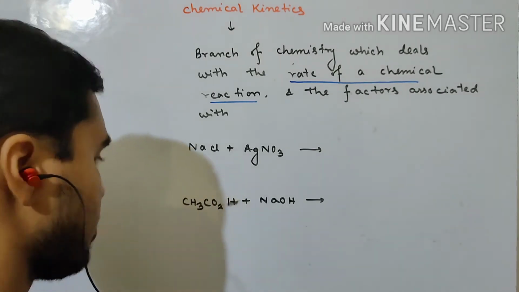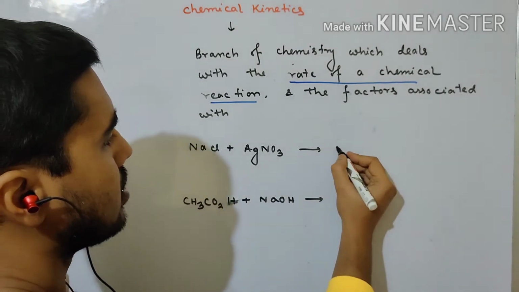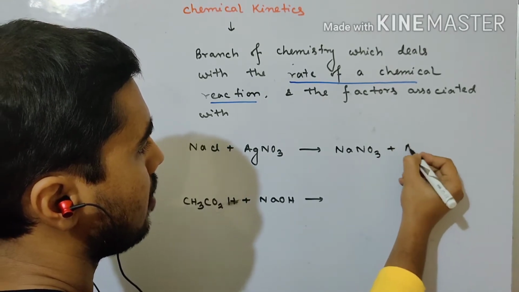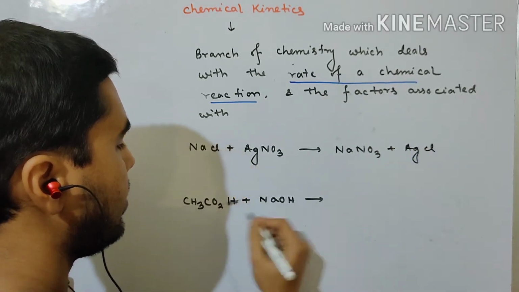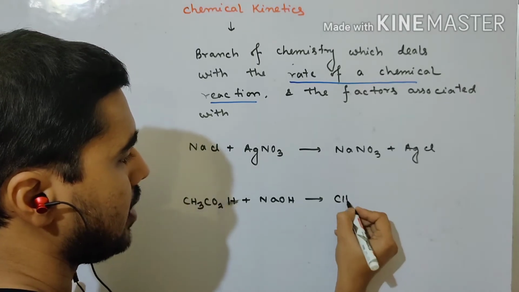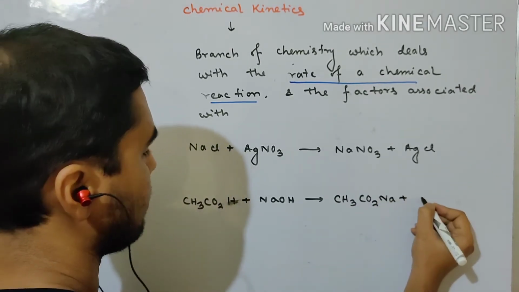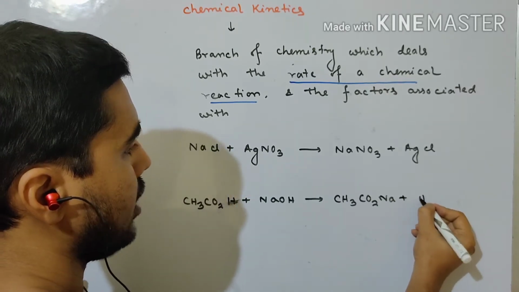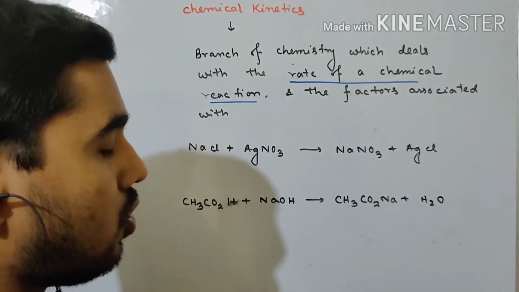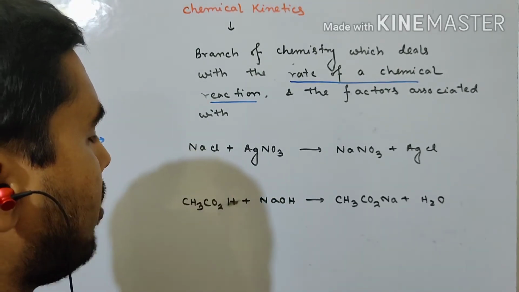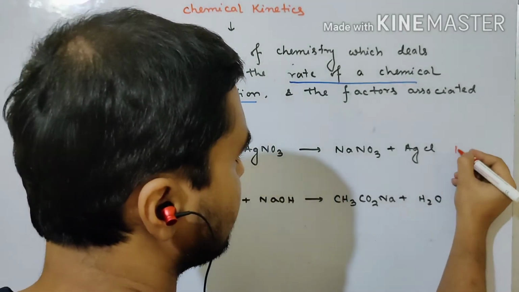In this case, the product is obvious, NaNO3 plus AgCl, and in this case it is CH3CO2Na plus H2O. So needless to say, the first one involves ionic compounds, so it is much faster.